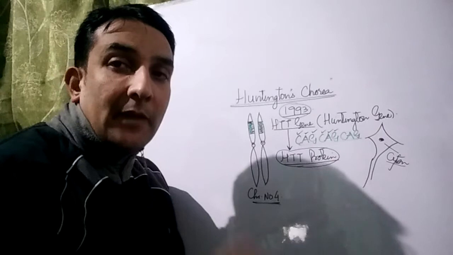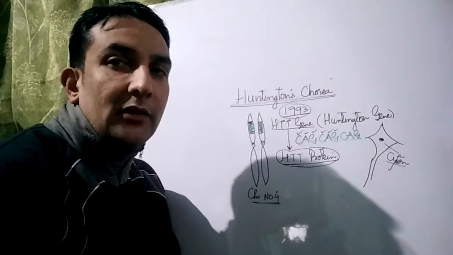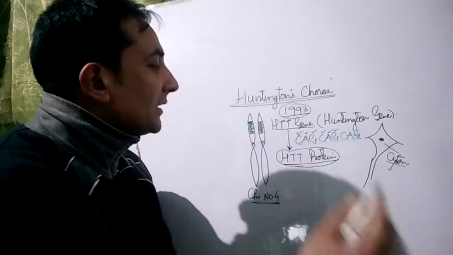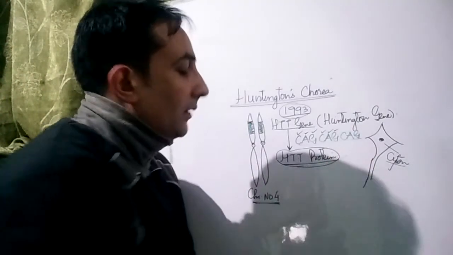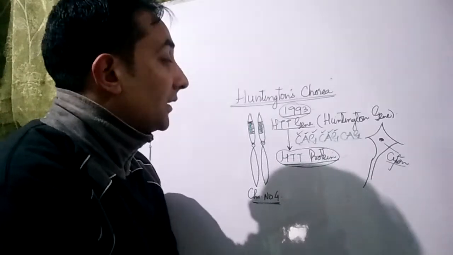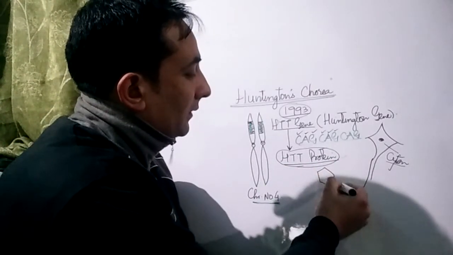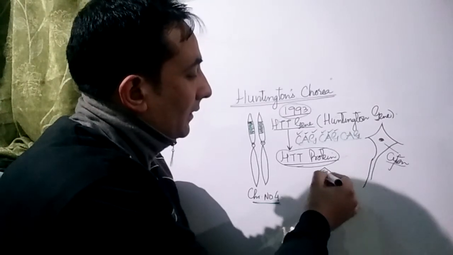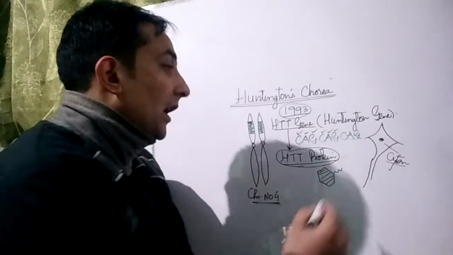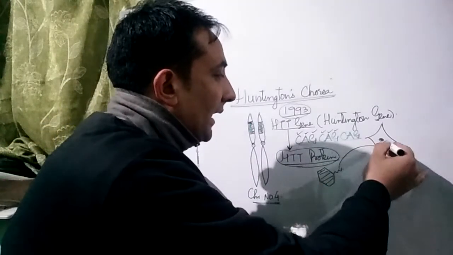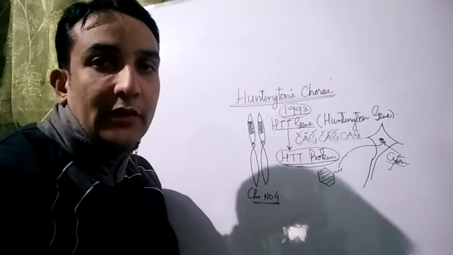When we try to understand the functions of this Huntington protein, you will see, once the Huntington protein is formed, I will graphically represent the Huntington protein like this. Once the Huntington protein is formed, it directly goes into the nerve cells or into the neurons.